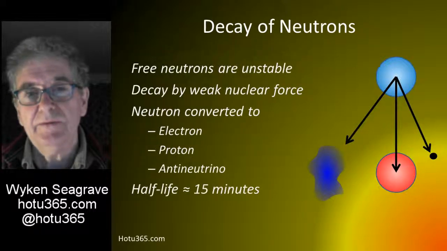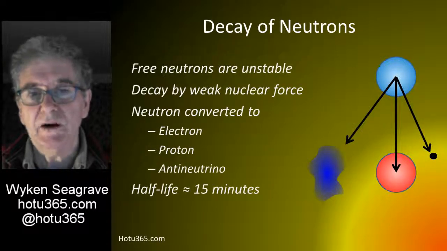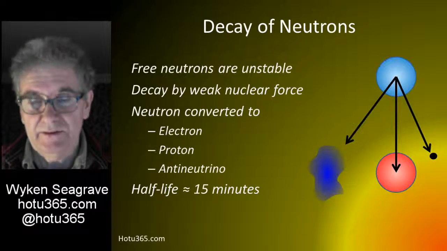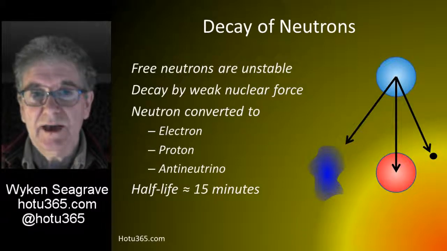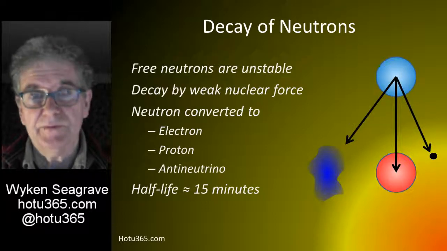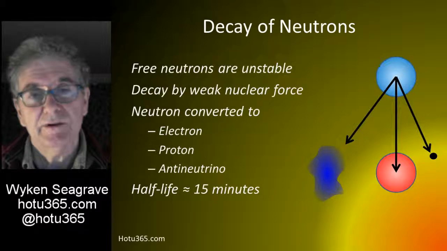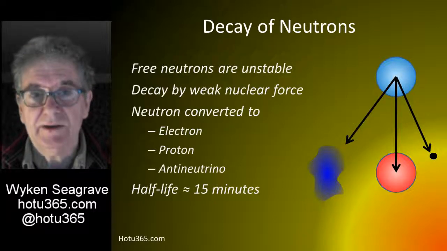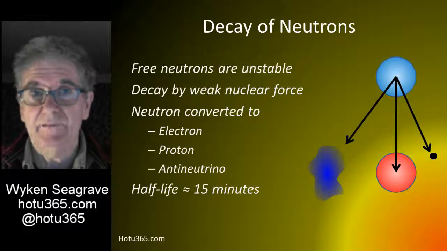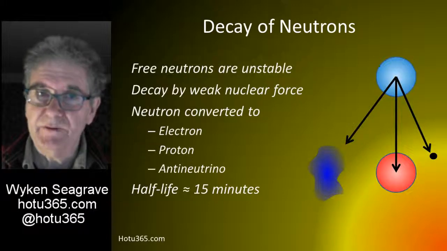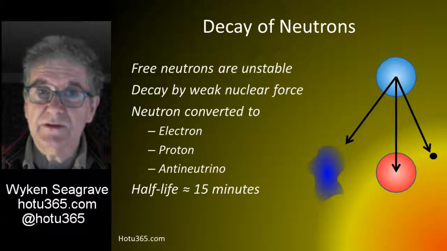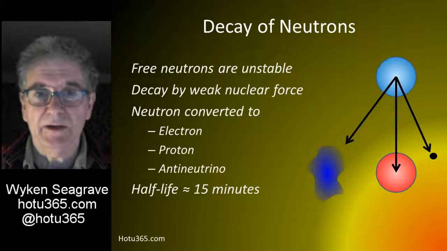So after about 15 minutes, half the free neutrons had decayed through this process, and 15 minutes later another half of the free neutrons decayed. So this is called the half-life, the time it takes for half of particles to decay by this radioactive process. And the half-life of neutrons is about 15 minutes.